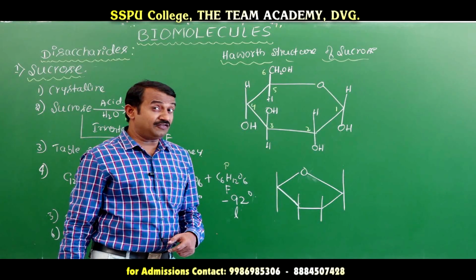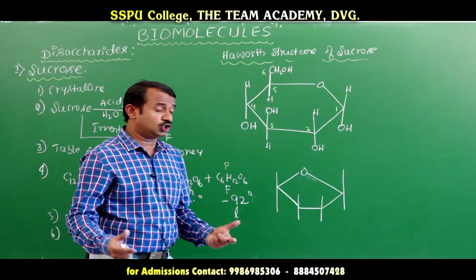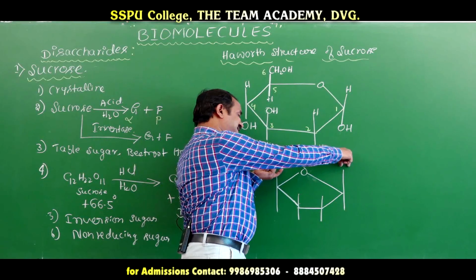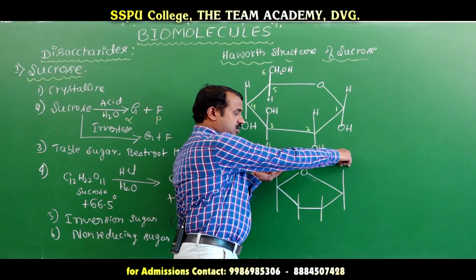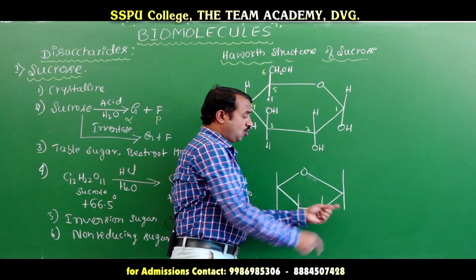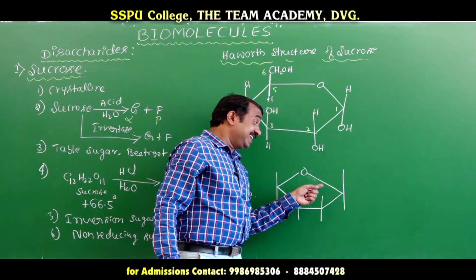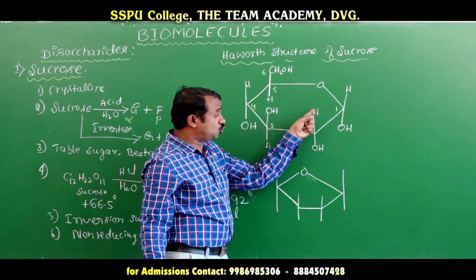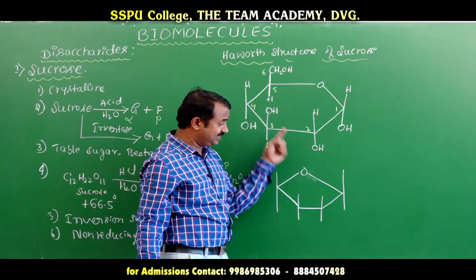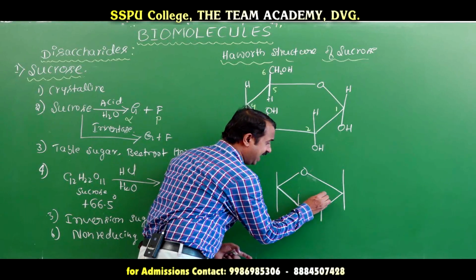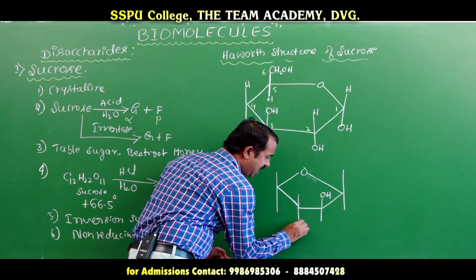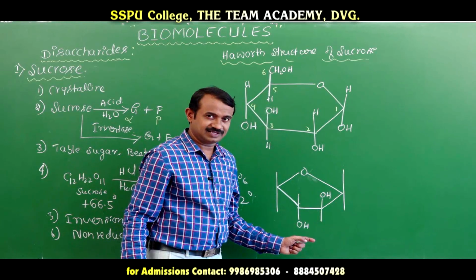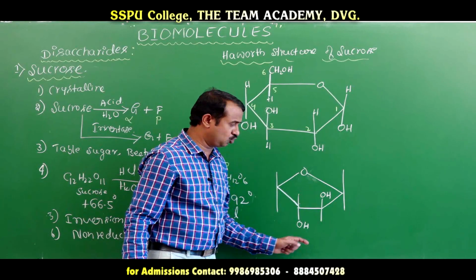Alpha fructose means CH2OH, CH2OH. The OH groups are inside, outside; outside, inside; inside, inside and outside. You should remember the hydroxy groups.